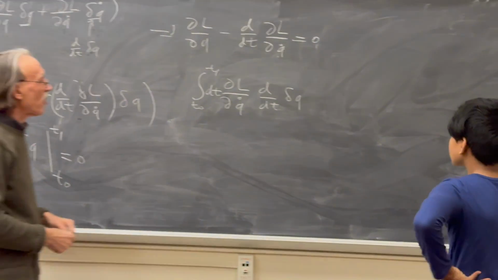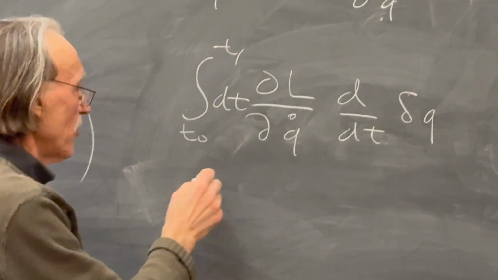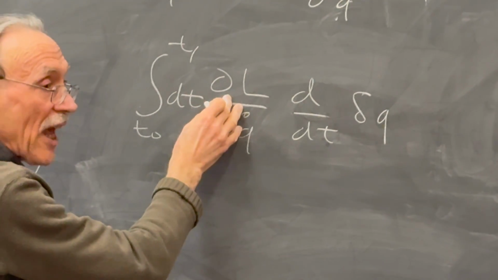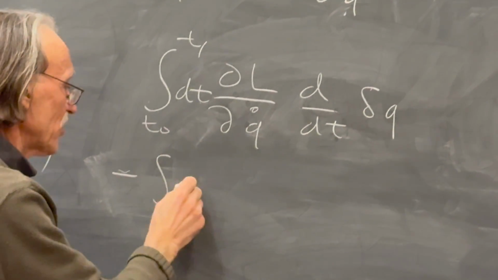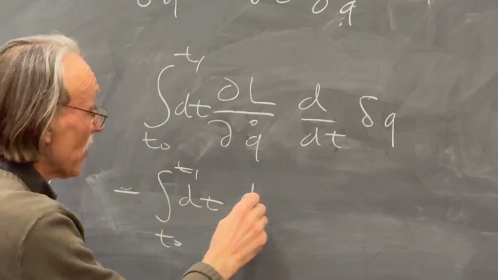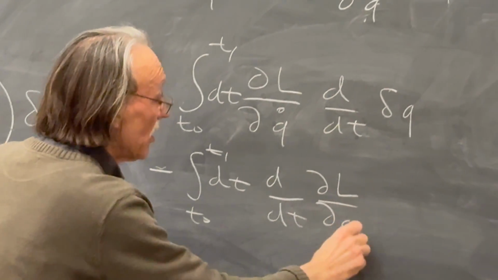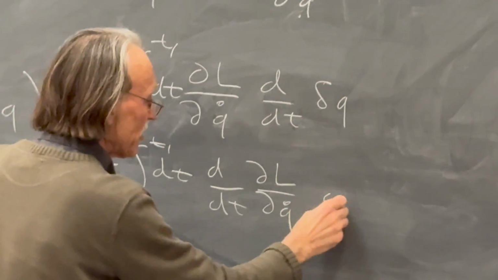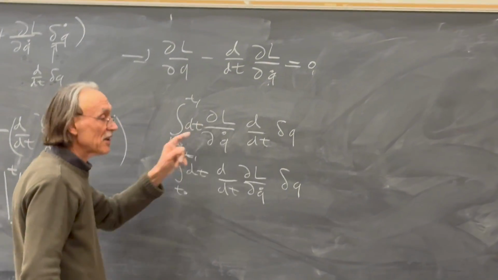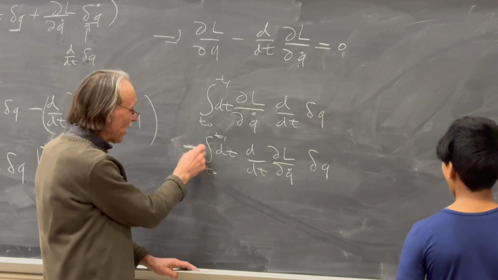With integration by parts, you first take the primitive of this and the derivative of that with a minus sign. So that's the integral over dt from t0 to t1 of the derivative d/dt of dL/dq dot times delta q. So that's one term. I take the primitive of this and the derivative of that, with the minus sign.